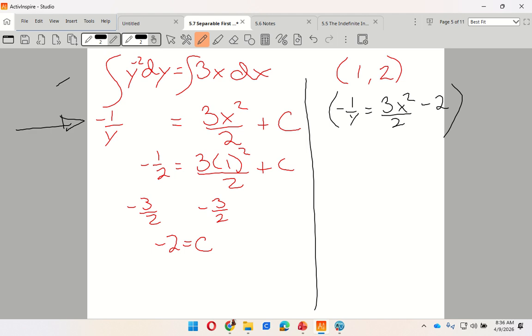So it's 2y. And as I distribute, this is going to be a negative 2 equals, this is going to give me 3x squared y. And as I distribute right here, I get negative 4y.